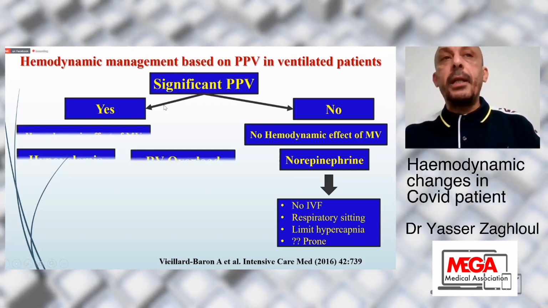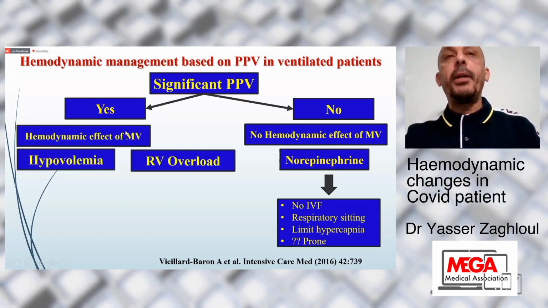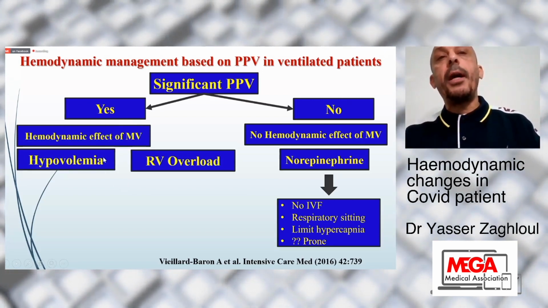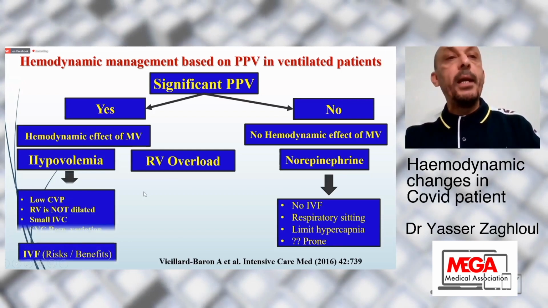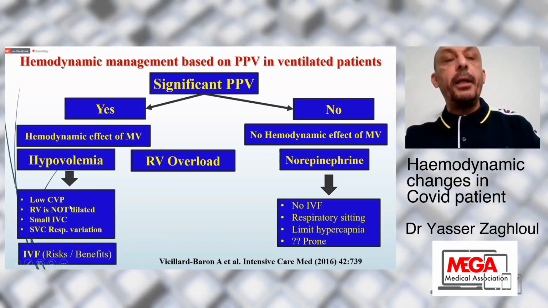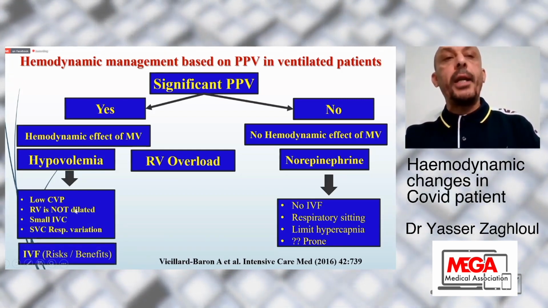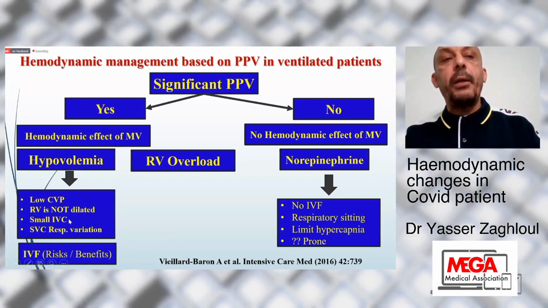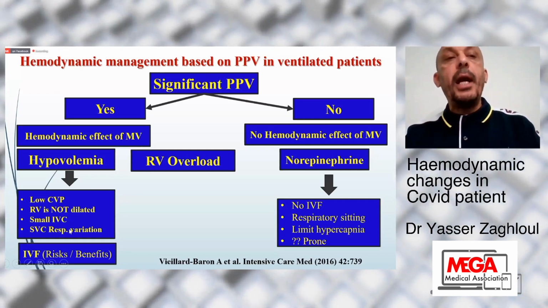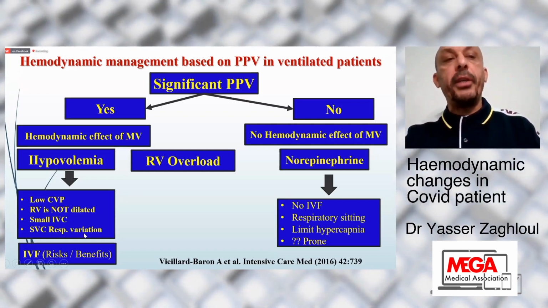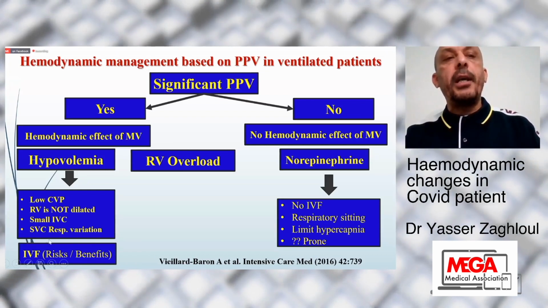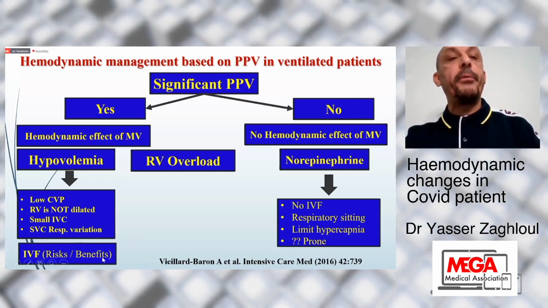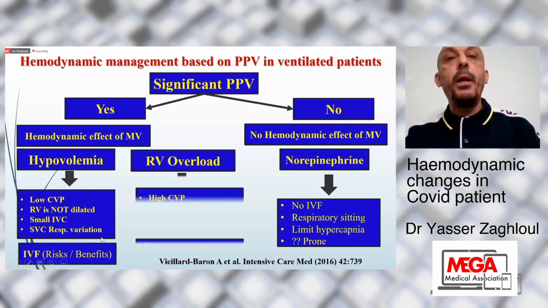But if there is significant variation, so a hemodynamic effect of mechanical ventilation, the patient is either hypovolemic or has right ventricular overload. Hypovolemic patients have low CVP, and on echo the right ventricle is not dilated. If you assess with ultrasound, the inferior vena cava will be small, with superior vena cava respiratory variation. So this patient needs IV fluid, and you have to balance between the risks and the benefits of IV fluid.